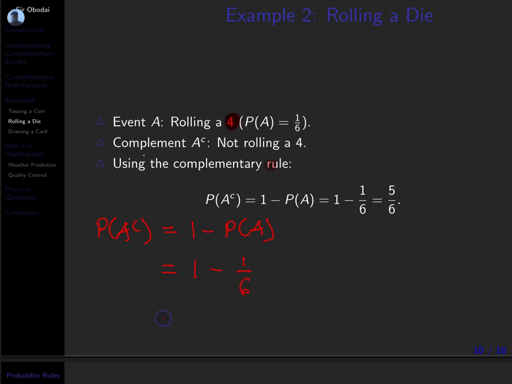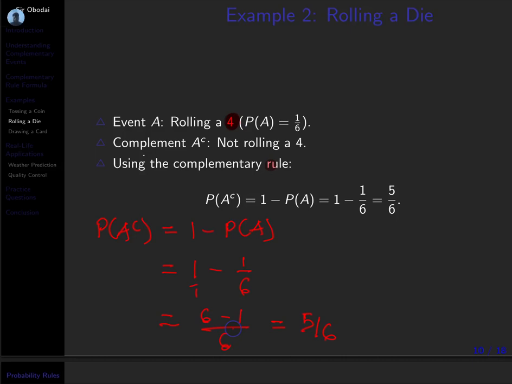And solving this, our LCM being what? 6, and we have a 6. That is 1 into 6, giving us 6 minus 1. We are going to get 5/6.